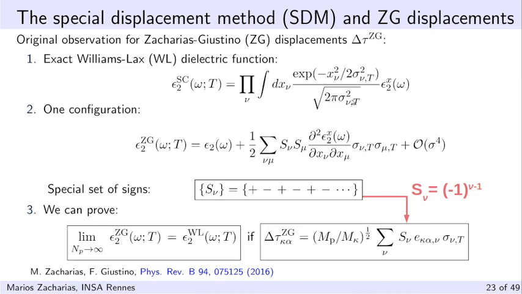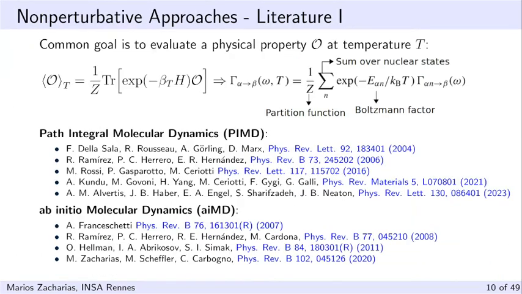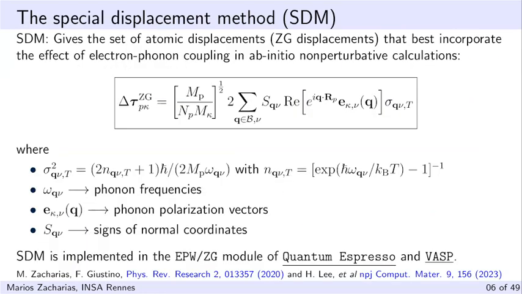From this equation, we are inspired to set the normal coordinates equal to sigma, all right? And then, after we apply a smooth Berry connection between our phonon polarization vectors, the only freedom we have to generate these special displacements is this S here, the signs of the phonon modes.